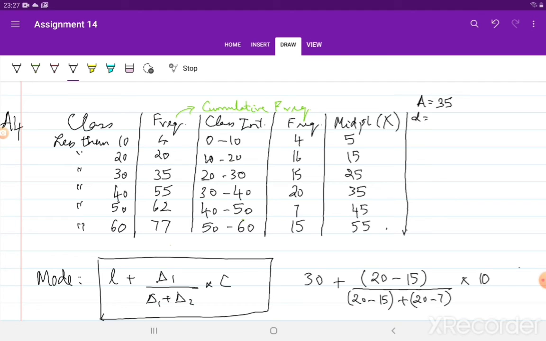So my d, which will be x minus a divided by the class interval, which is 10 in this case. So 5 minus 35 by 10 is minus 3. 15 minus 35 by 10 is minus 2, minus 1, 0, 1, 2.